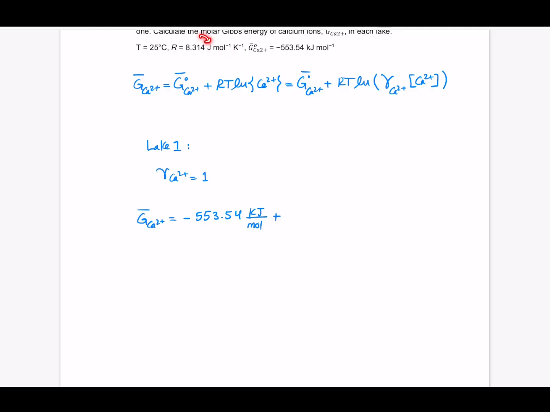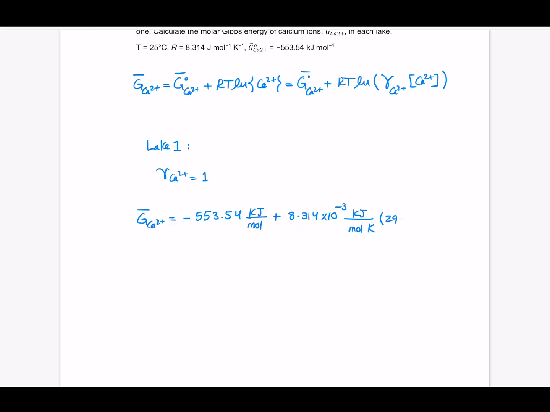So we need to convert joule to kilojoule, or before we could convert kilojoule to joule, but it would be easier to work with converting joule to kilojoule. So 8.314 times 10 to the minus 3 kilojoule per mole per Kelvin times temperature. Again, this is in Kelvin, so 25 plus 273. That's the conversion from Celsius to Kelvin.